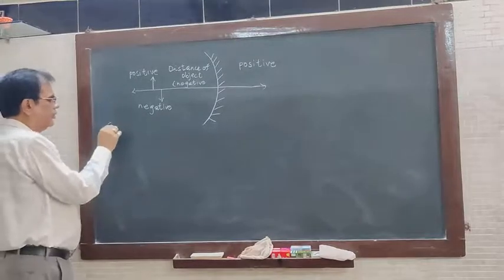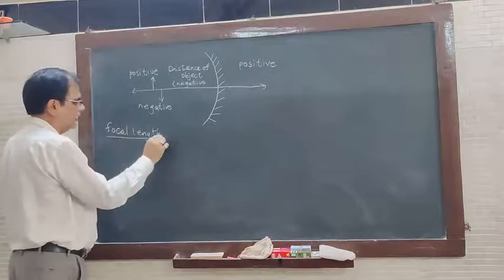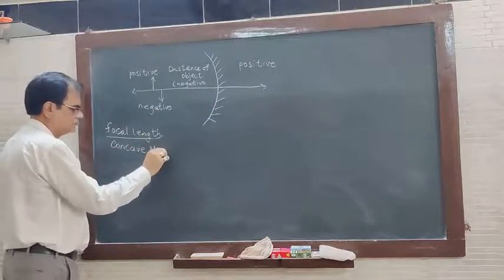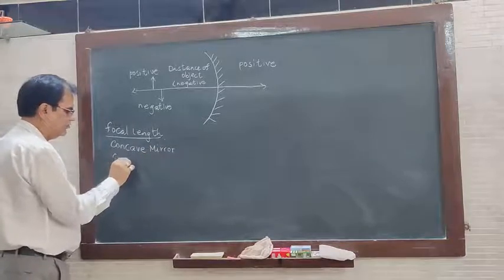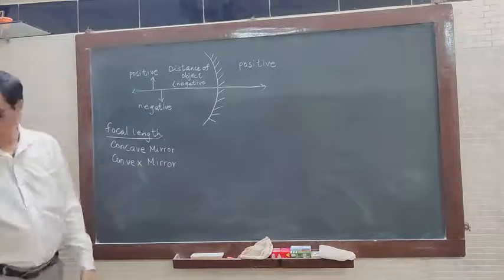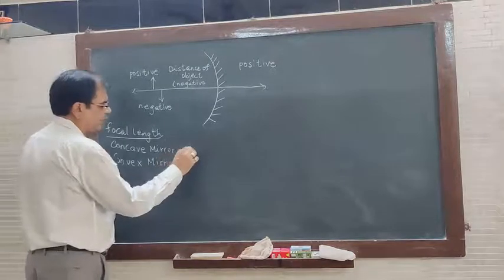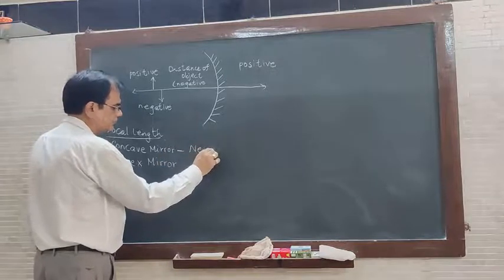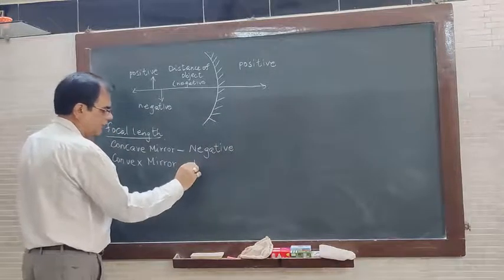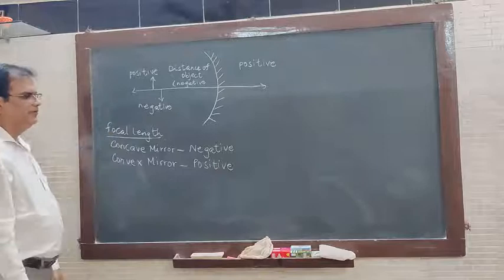And you have to remember two important things: the focal length of a concave mirror and the focal length of a convex mirror. The focal length of a concave mirror is always negative, and the focal length of a convex mirror is always positive. You have to remember the sign conventions very properly.